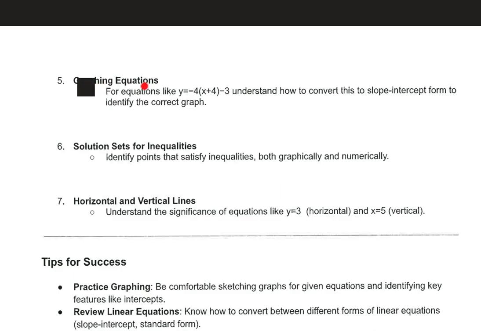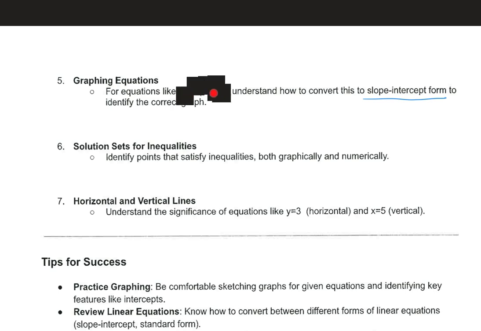Okay, graphing equations. For equations like, if I'm given y equals -4 times (x plus 4) minus 3, you need to understand how to convert this to slope-intercept form to identify the correct graph. So let's say I'm given a bunch of graphs, and I have this equation, and it says, which equation matches this?